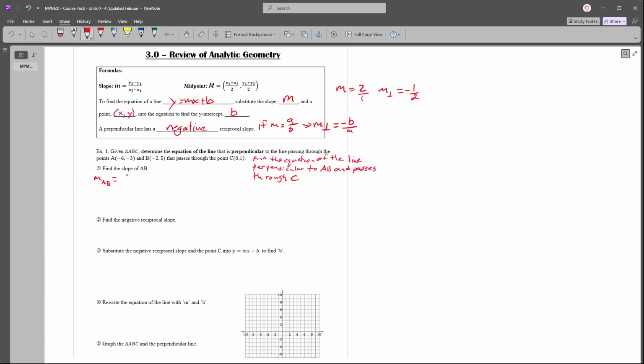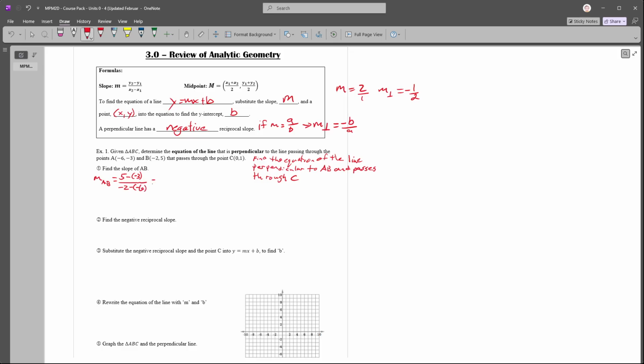So first of all, y2 is going to come from B. So that's 5 minus negative 3, which is from A, over negative 2 minus negative 6.